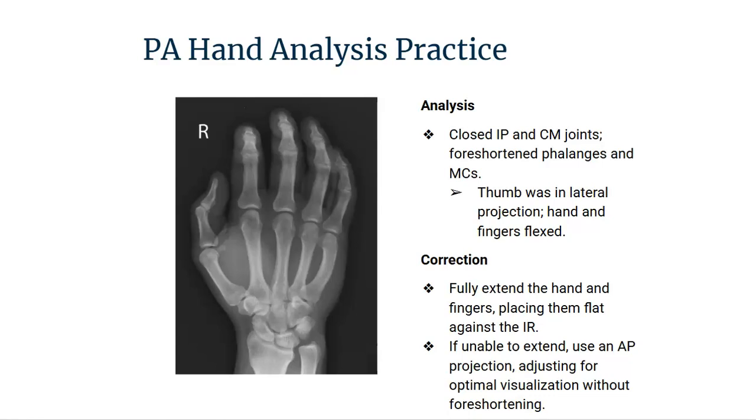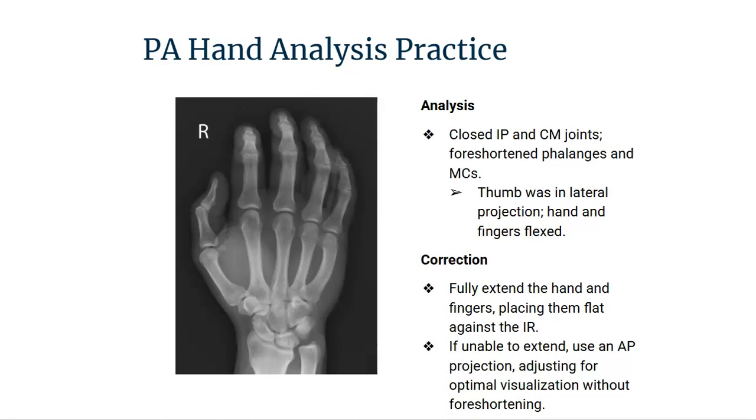How do we take the corrective action? We want to place the hand flat against the IR and fully extend those digits so that we can get our joint spaces open and decrease that foreshortening of the phalanges. There are some cases that the patient may not be able to extend the fingers.